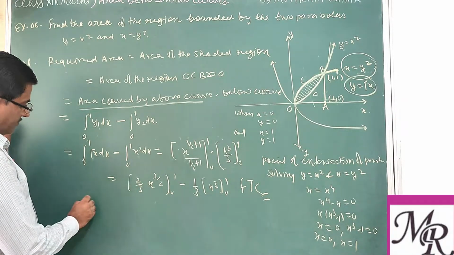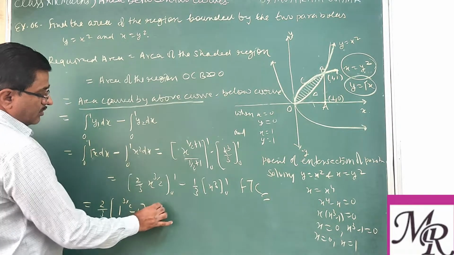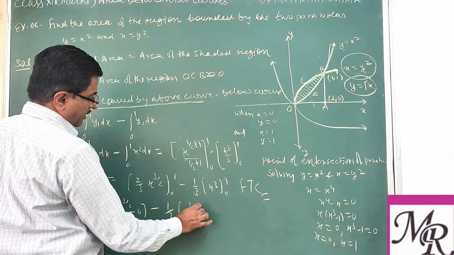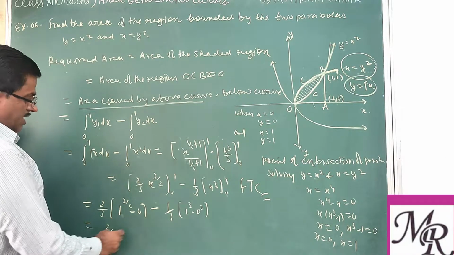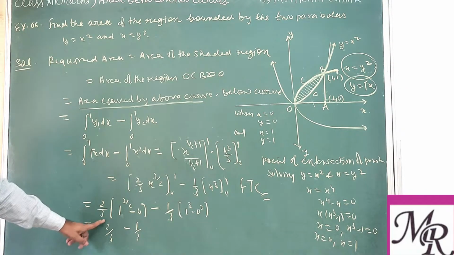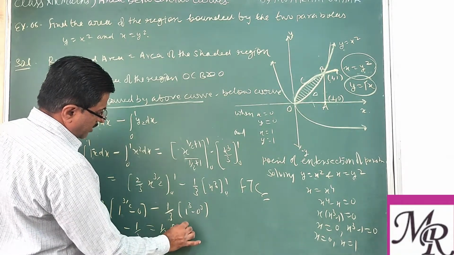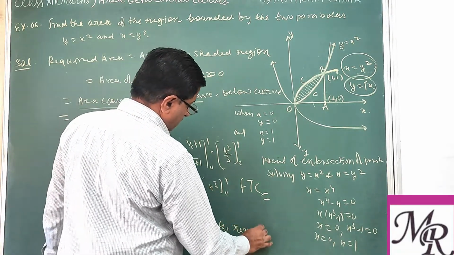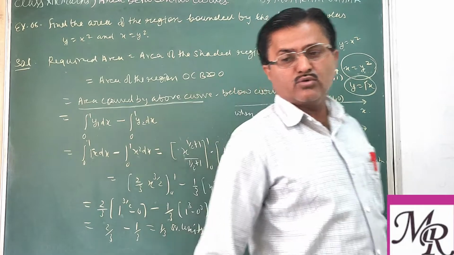So put 2 by 3 into 1 power 3 by 2 minus 0, minus 1 by 3 into 1 power 3 minus 0 power 3. So that is 2 by 3 minus 1 by 3, so we get 1 by 3 square unit. Therefore, this is the required area enclosed by the two parabolas.